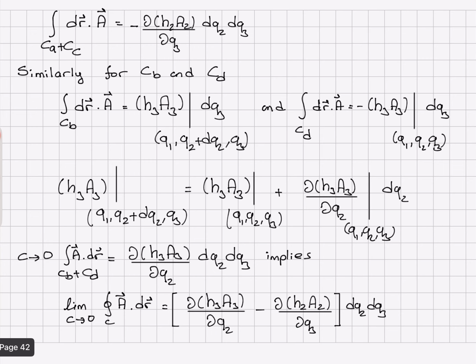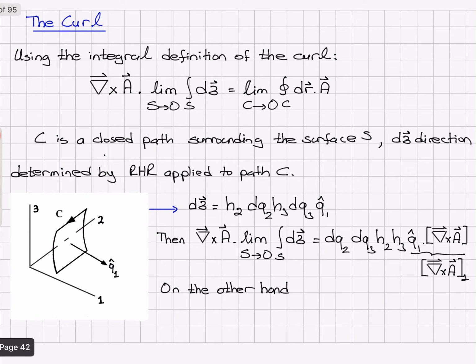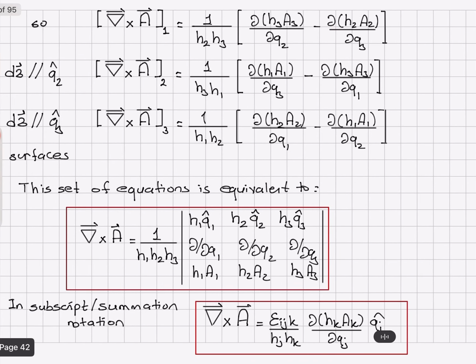When it's divided by the surface area, which is H2 dQ2 H3 dQ3 in Q1 hat direction, because it's in Q1 hat direction, I'm taking the component of curl A on Q1 hat. It's 1 over H2 H3 times this expression.